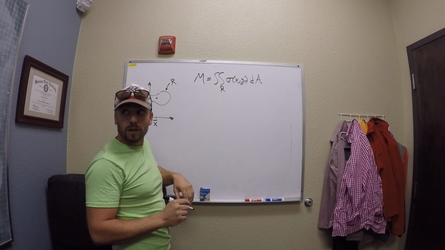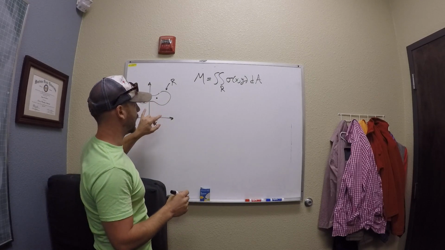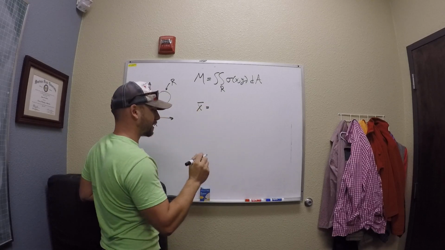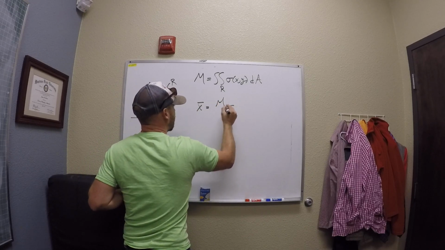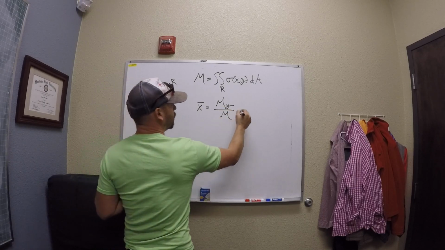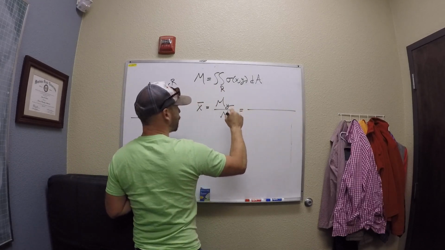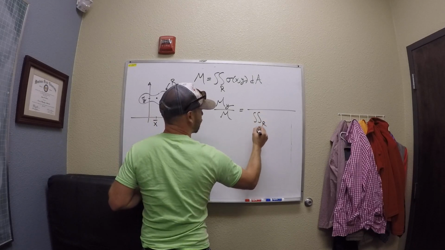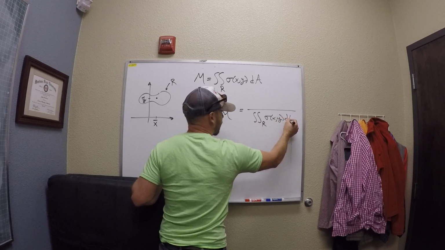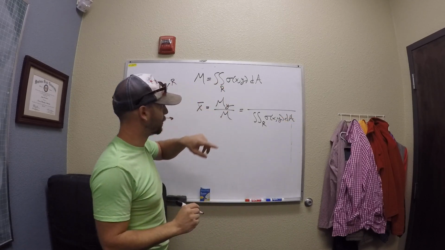And then if you want to talk about the tendency to tip over, and this is the part that gets confusing, x bar is going to be My over M. On the bottom, I have just a double integral over the region of the density function with respect to area. That's the M I just told you about.